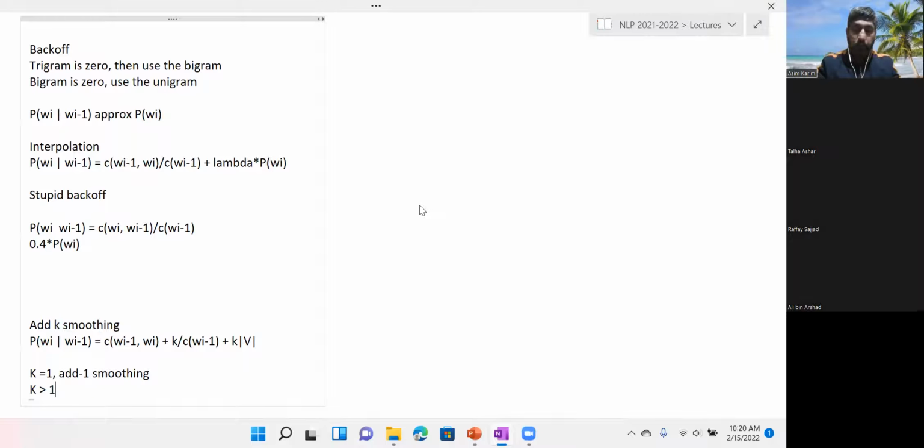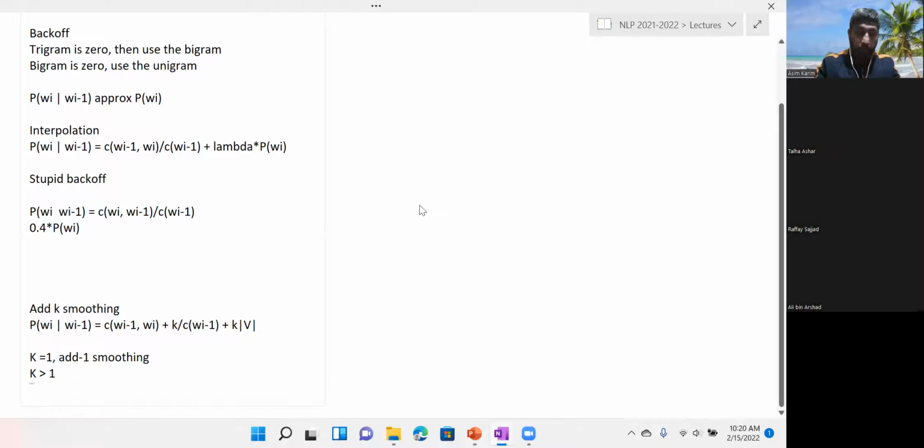Actually, no. If k is greater than 1, for each event you're adding more than one additional event. If an event has count 0 and k is 2, you add 2 of them, which would take even more probability mass away from those events that did occur to those events that did not occur. That is again not desirable, and even worse than k equal to 1.